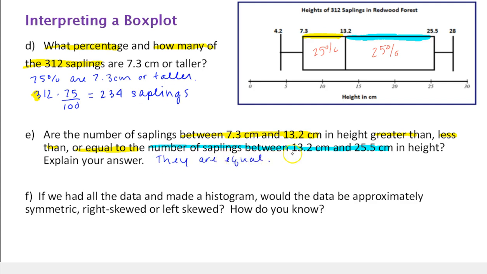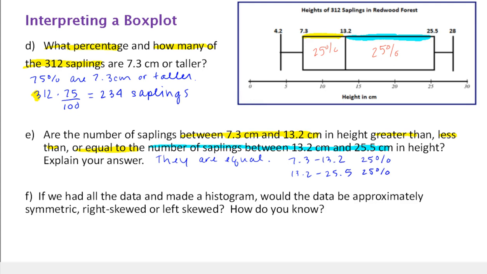And let's just write a brief justification. From 7.3 to 13.2 is 25% of the data. And between 13.2 and 25.5 is 25% of the data.